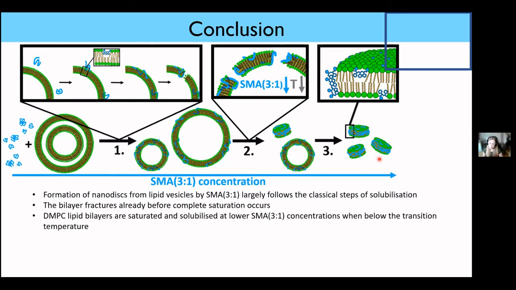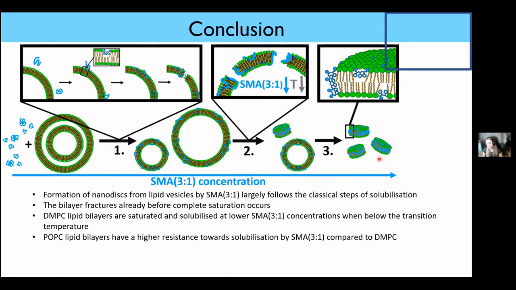The DMPC lipid bilayers are saturated with SMA and solubilized at lower concentrations when they are below the transition temperature. Also, it seems that the POPC lipid bilayers have a higher resistance towards solubilization by SMA 3-1 compared to DMPC.